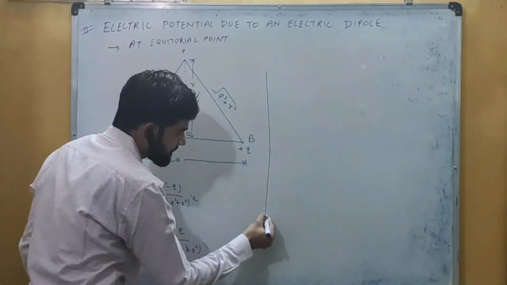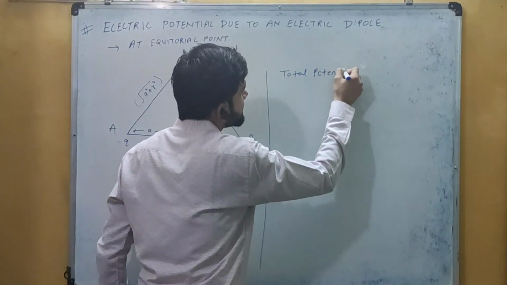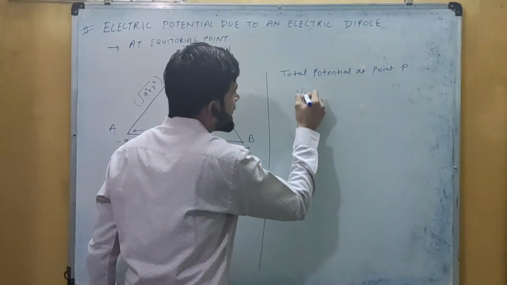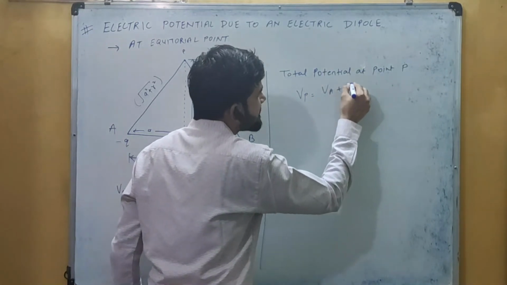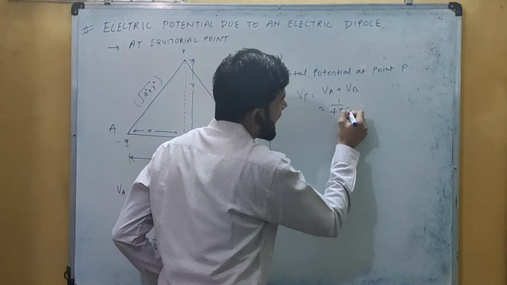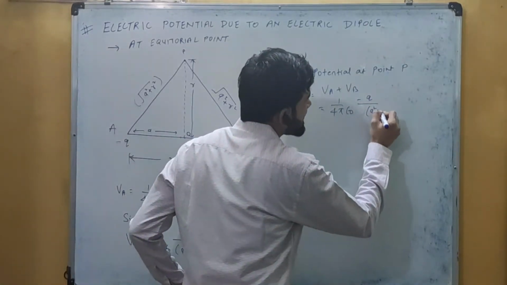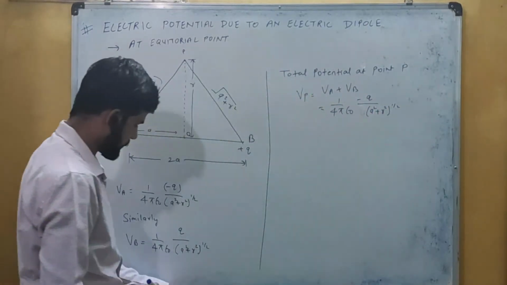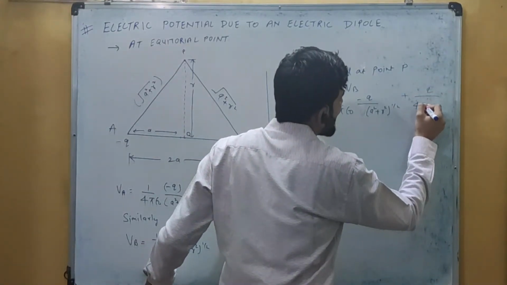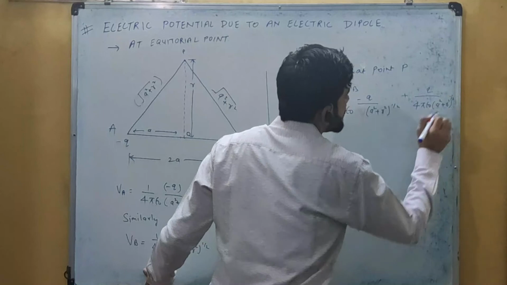So the total potential at point P, I can write Vp is equals to Va plus Vb. The value of Va is 1 by 4 pi epsilon naught minus q by a square plus r square raised to the power 1 by 2. Then due to the charge at B, it is q by 4 pi epsilon naught a square plus r square raised to the power 1 by 2.